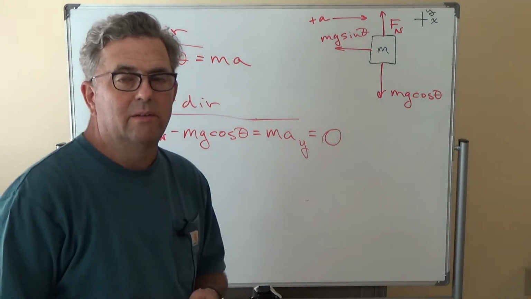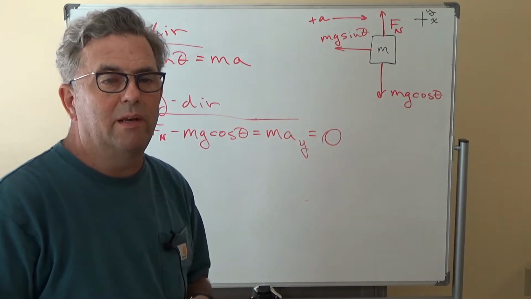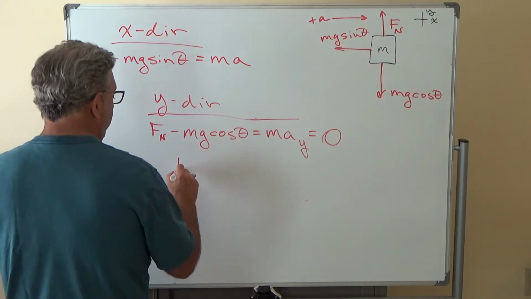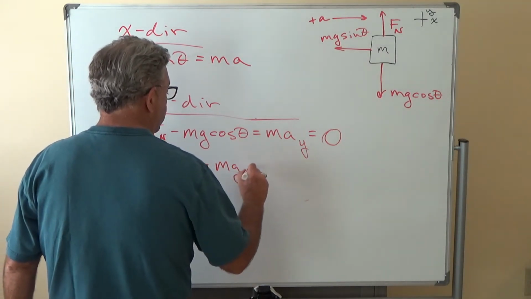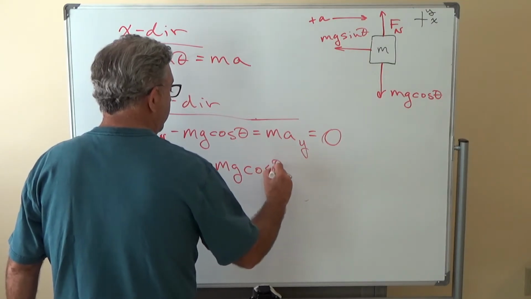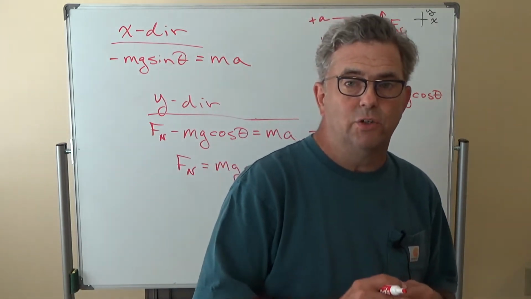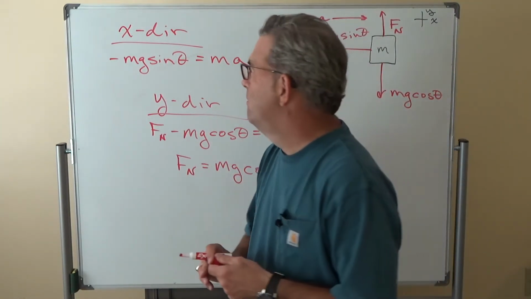This is not falling through the incline or leaping from the incline or anything like that. So this one's simple. The normal force is equal to mg cosine theta. That's all that's happening in the y direction. The magnitude of the normal force is equal to mg cosine theta.